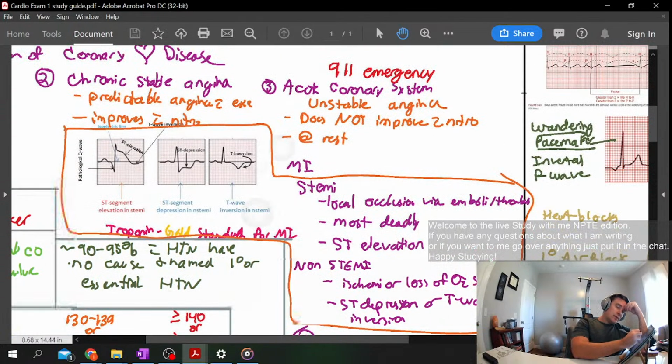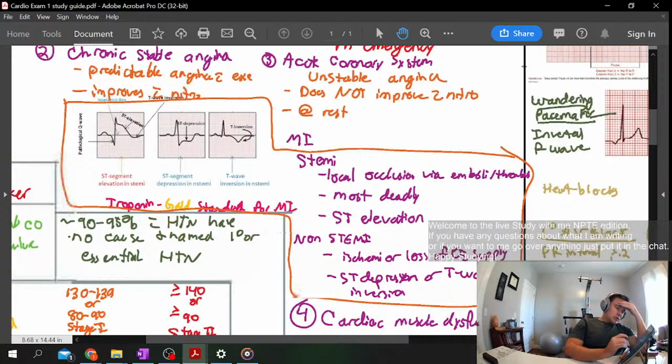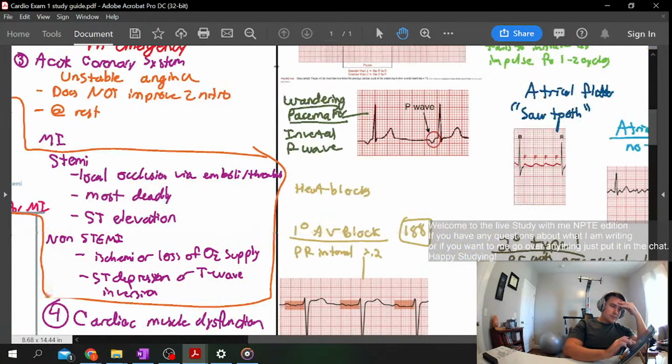So if your ST wave, which is right here, is low or anything like that, you know you're going to have a non-STEMI because it's non-elevated. Or if the ST wave is way up here, that means that you have a STEMI. That was a question on the test that I missed because I completely forgot about EKGs. So I'm going to go over the EKGs real quick.